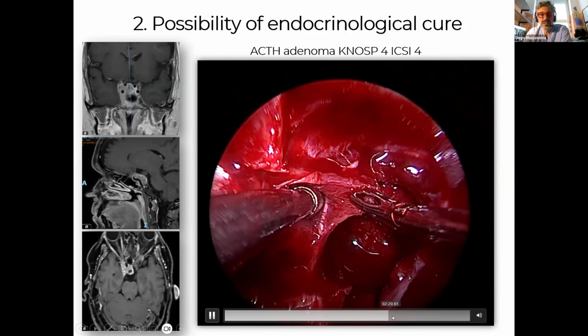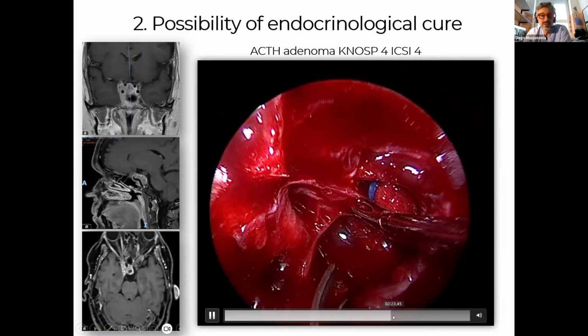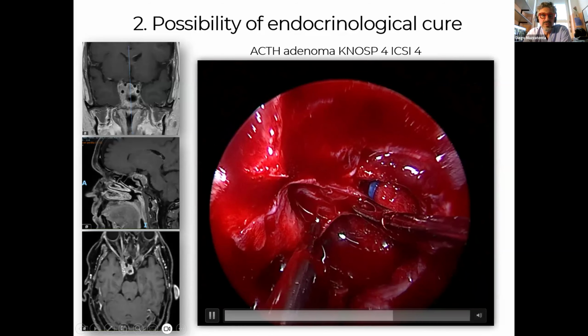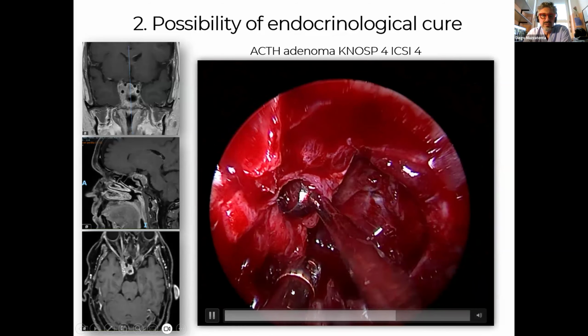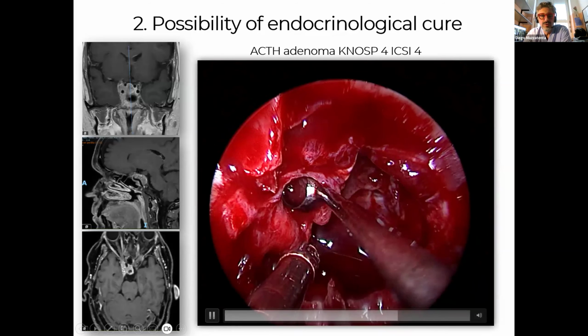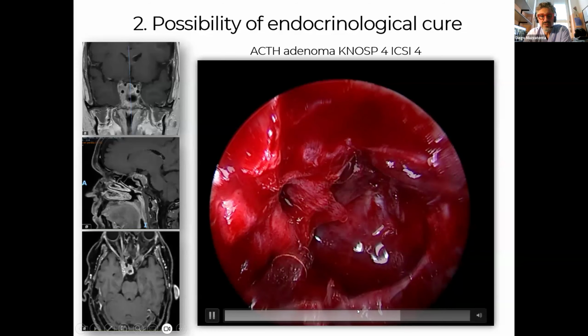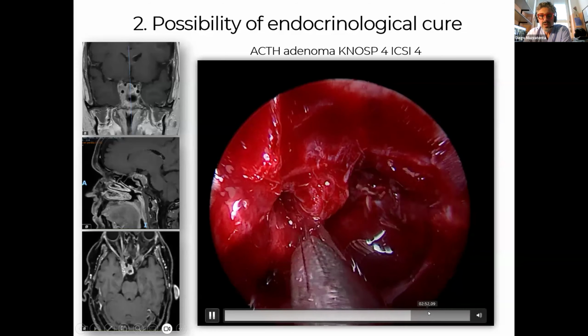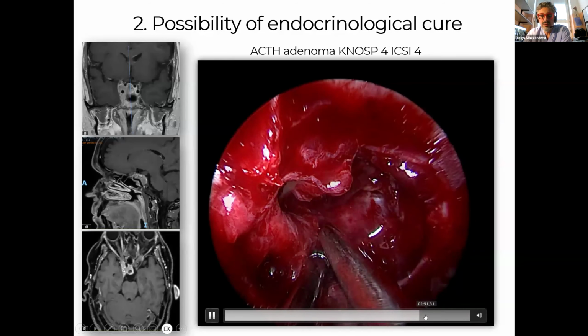Obviously, the consistency of the tumor is crucial for this kind of surgery. You can see the medial wall of the cavernous sinus. This is the carotid, and you can move using two different scopes. At the end, when you achieve a gross total or near radical removal, you can perform inspection with angled instrumentation and with the angled telescope.